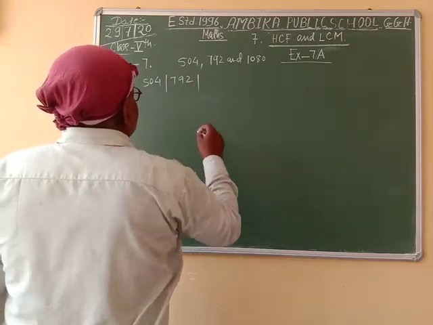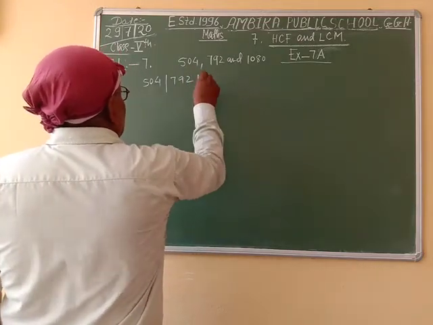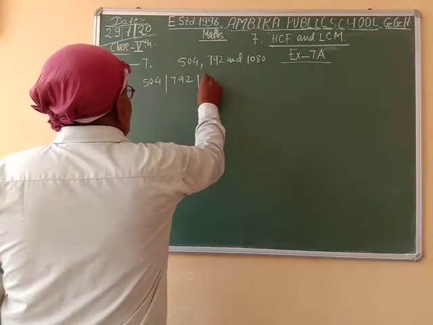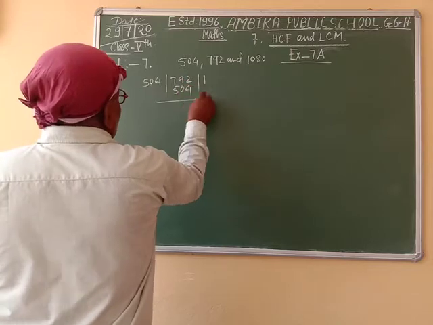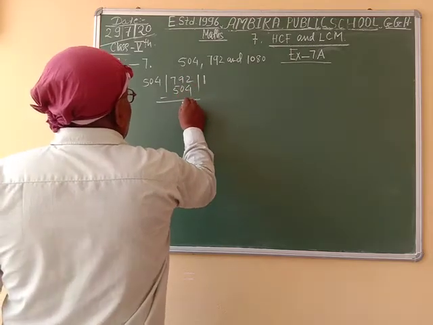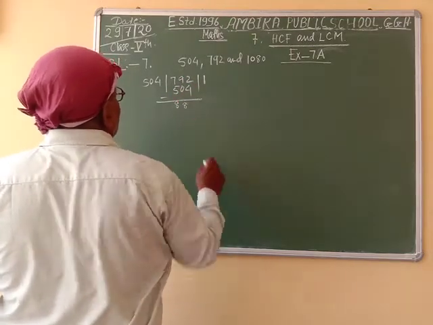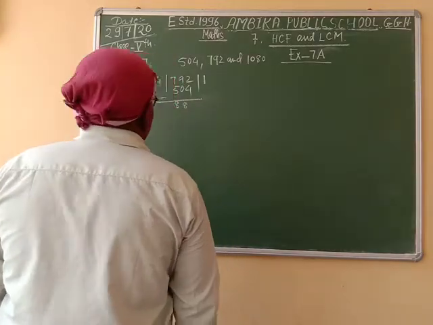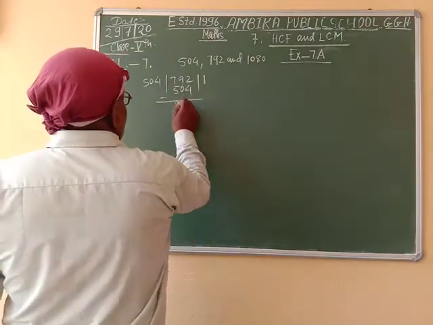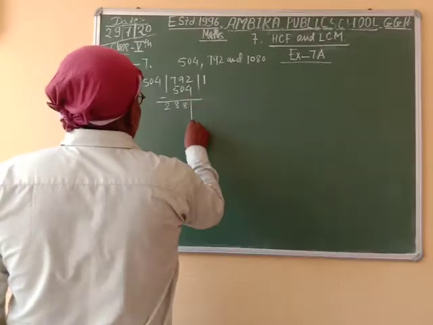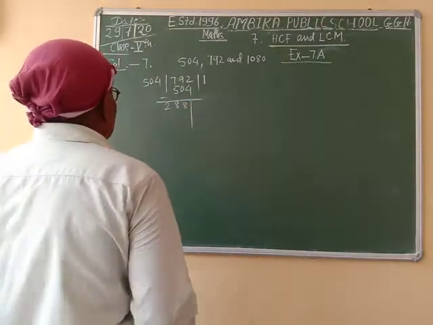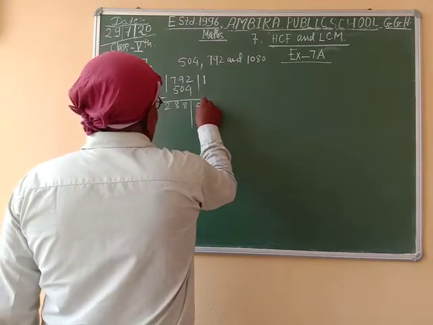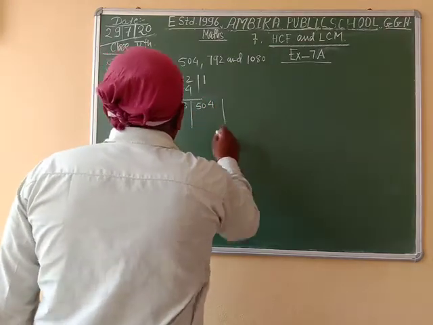504 goes one time in 792. On subtracting we have 288. Now the remainder is the divisor and the dividend is 504.